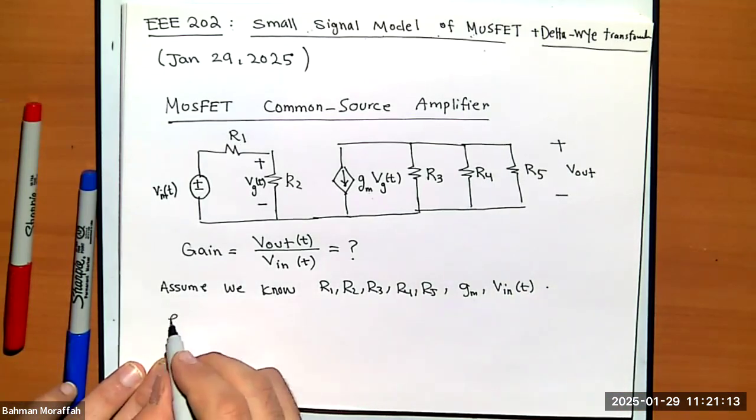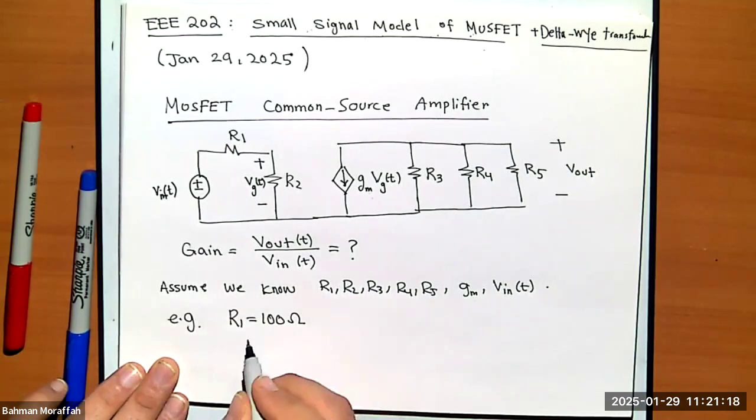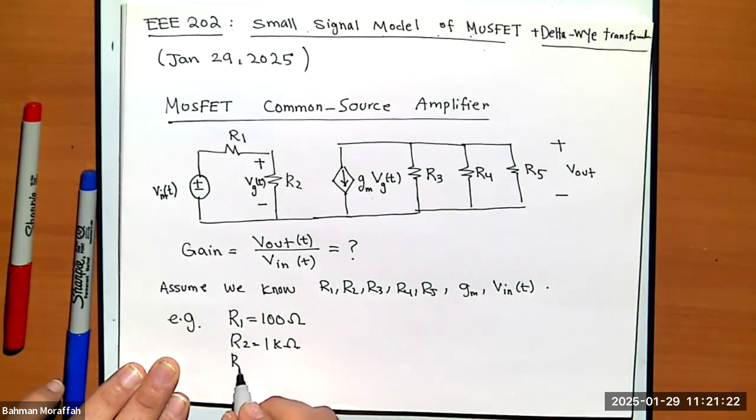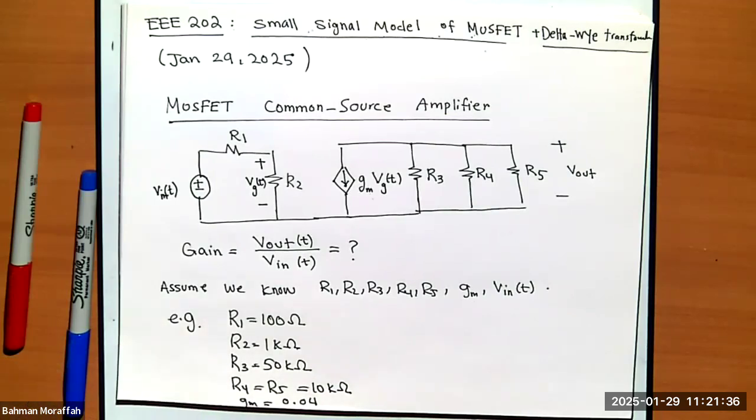For example, let's just assume R1 is 100 ohms, R2 is 1 kilo ohm, R3 is 50 kilo ohms, R4 and R5 are 10 kilo ohms, and let's say GM is 0.04. So these are all given to us. That's just an example, right?